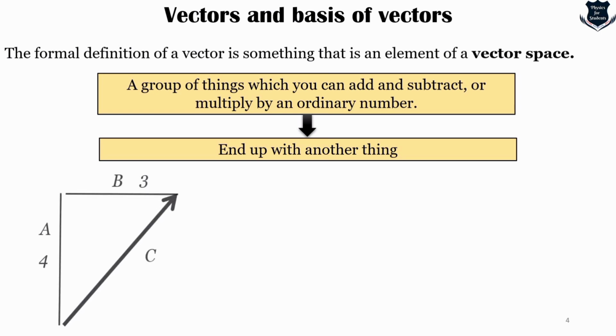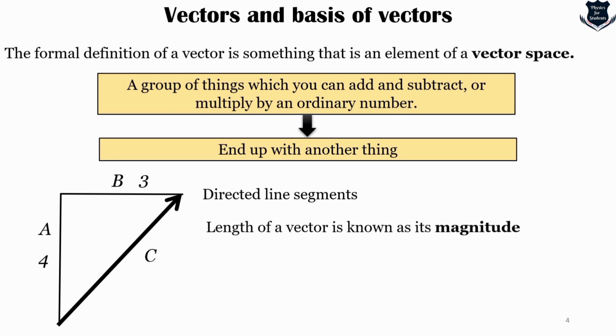This figure shows a person walking at a constant speed. He first walks 4 km due north and then takes a right turn and walks 3 km east. This motion is represented by vector A, which is 4 units long, and vector B, which is 3 units long, and joining the tail of A to the head of B forms the vector C. If we measure the length of C, that is the directed line segment, the length of a vector is known as its magnitude.